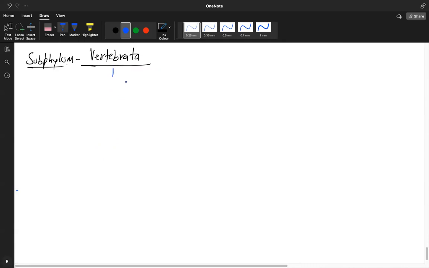Division? You actually get class. Division is used for plants, but I think in your NCERT there is a misleading term, division, written here. That division is how the vertebrates are divided. But finally we have to go to class, to study the different classes under the phylum Vertebrata.